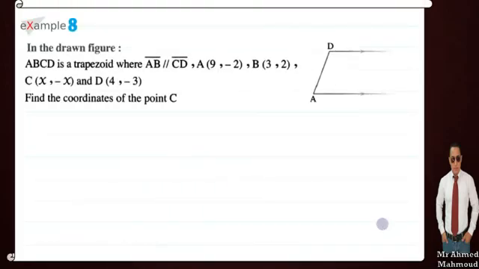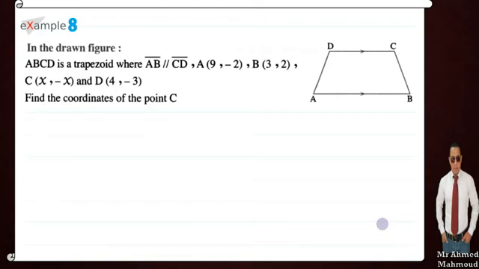Here we have example 8. In this example, in the drawn figure, ABCD is a trapezoid, where AB is parallel to CD. Okay, A, B, C, and D. Here we have C equal to x and negative x. Find the coordinate of x.